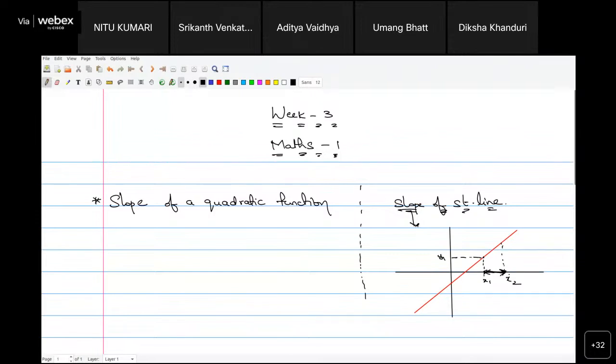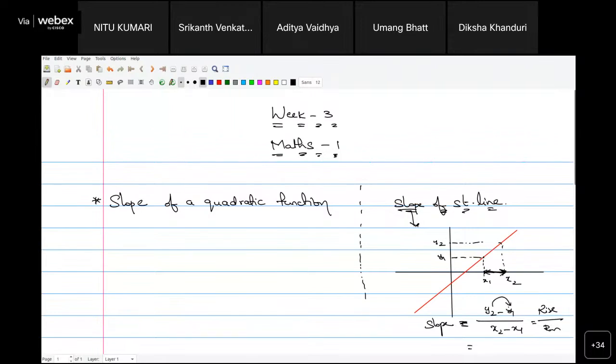When I move to x2, it has moved to y2. The change in the x-axis is x2 minus x1. With respect to this, how much change happened in the y direction is what slope is. Correct? And they say rise by run.